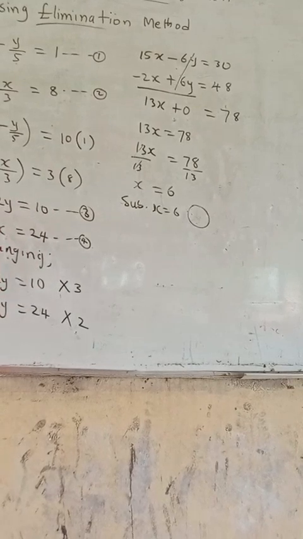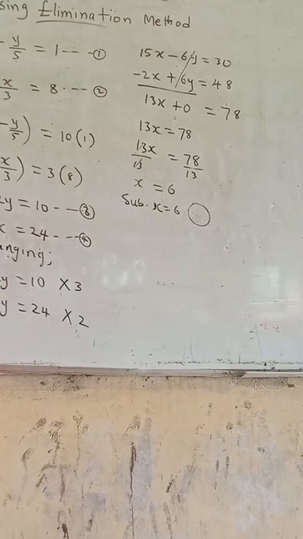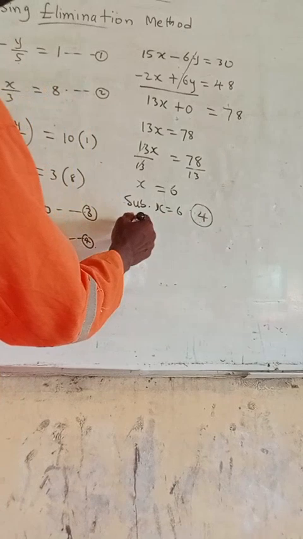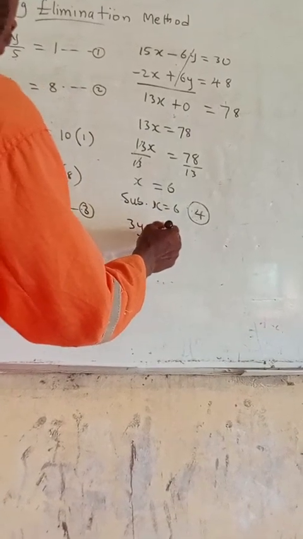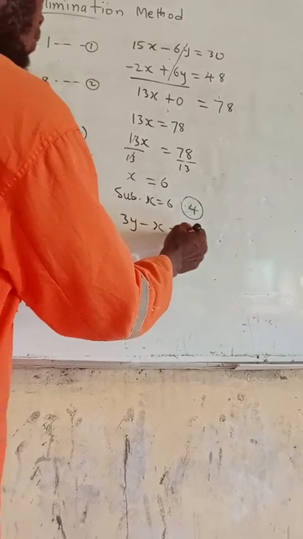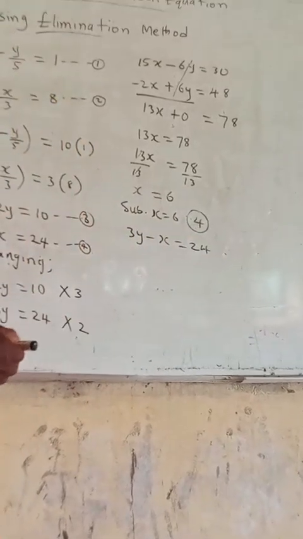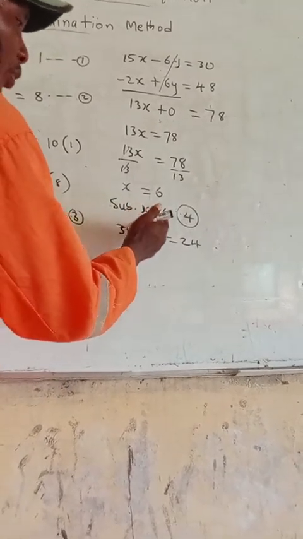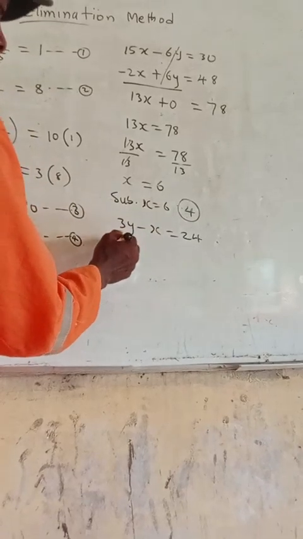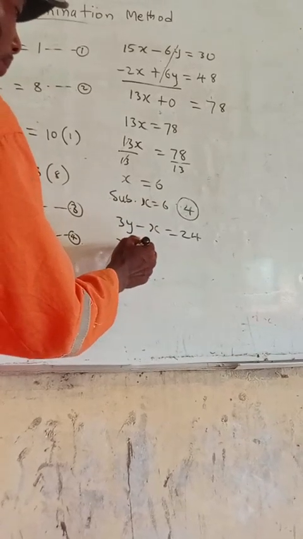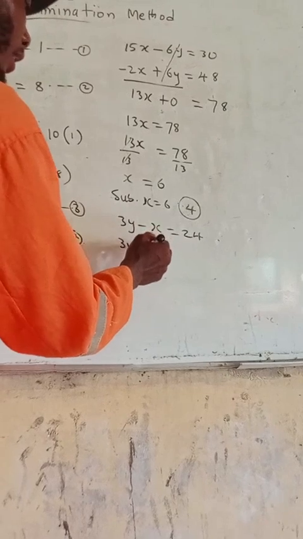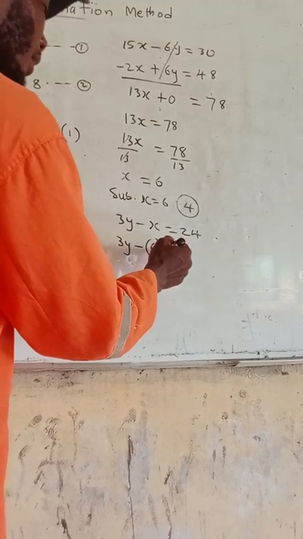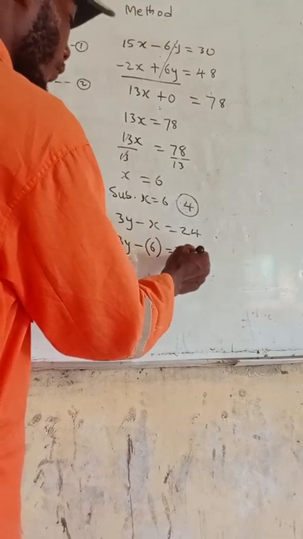So let's say we are using equation 4, and equation 4 says 3y minus x is equal to 24. Now, it means anywhere you see x, we should put 6. There's x here, so we'll have 3y minus, instead of writing x, we write 6, is equal to 24.